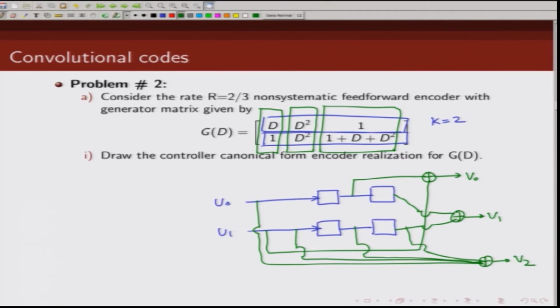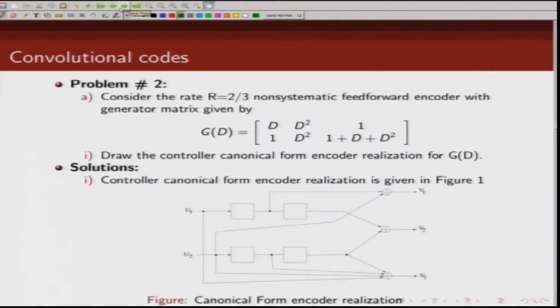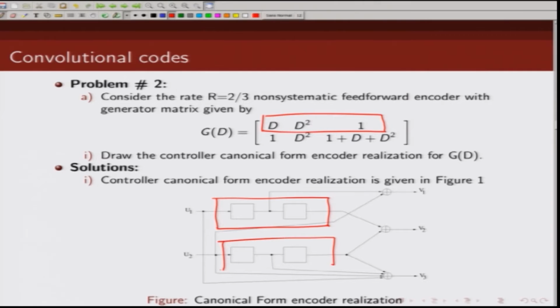So, this is your controller canonical form realization for this generator matrix. This is precisely what we have here. We can see this shift register is for this input and this shift register is for this input.